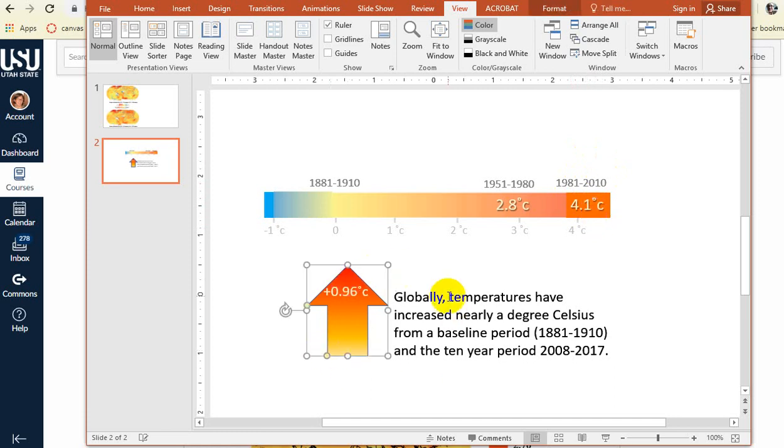And that's why I created this second thing that summarizes that between these two periods of time, we globally see a 0.96 degrees Celsius increase on average. And so this is a different thing. This is the total number, the average increase from the baseline period that we've seen in a little bit over 100 years.